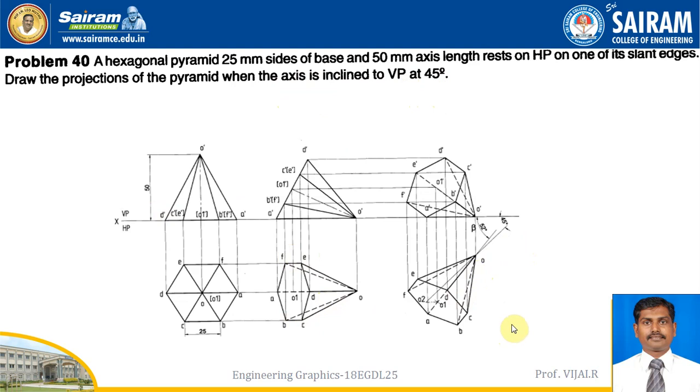So what are the things we need? Yeah, this height 50, the axis, the true length of the pyramid is needed, and the apparent length after inclination, what is the axis distance after it is lying down. So these two distances are mandatory to draw this.